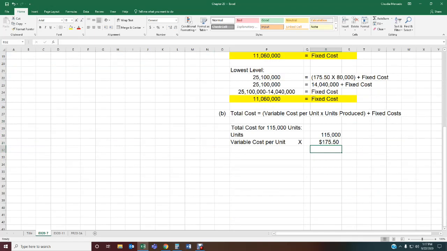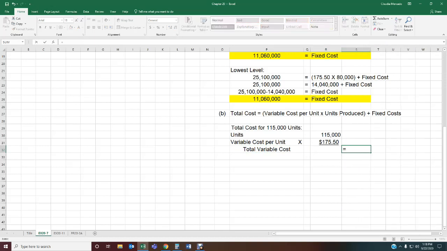Now we can get our total variable cost. My total variable cost is going to be the 115,000 units times 175.50.